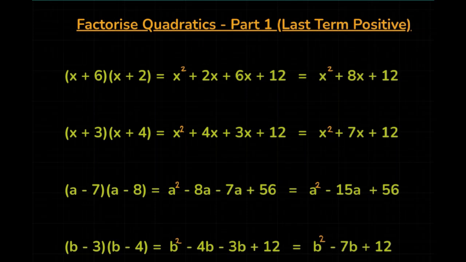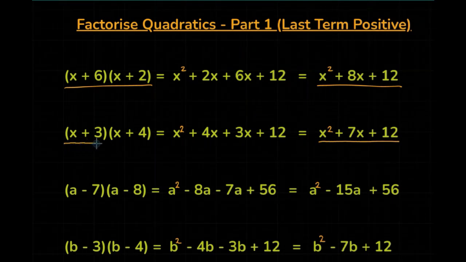So if I was to factorise this set of terms here, this quadratic, I would put it back into the brackets and get x plus 6 times x plus 2. Okay, and if I was to factorise this one, I would express it like this, as x plus 3 times x plus 4.